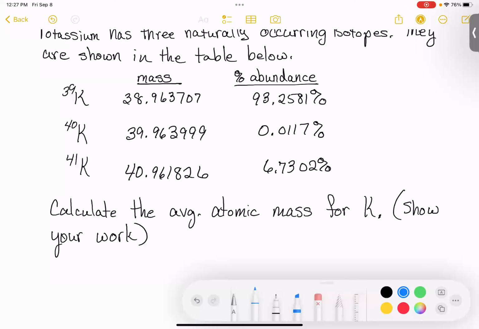The first thing you're going to have to do, by the way, is remember the word: it was mass times abundance, not percent abundance.